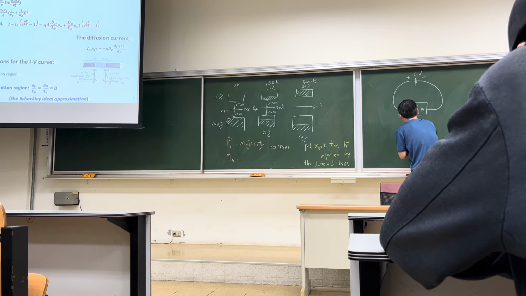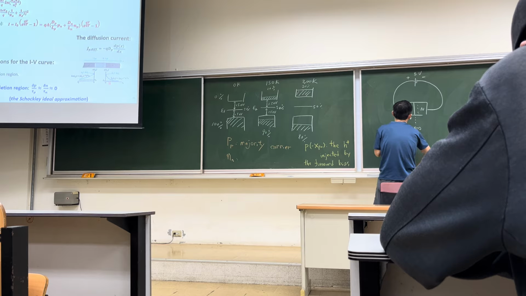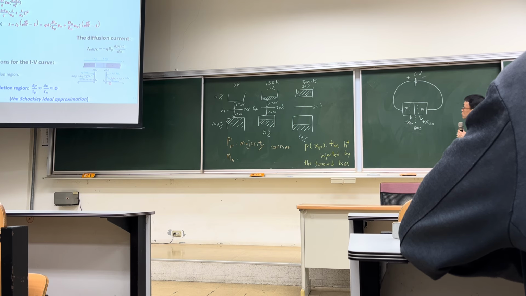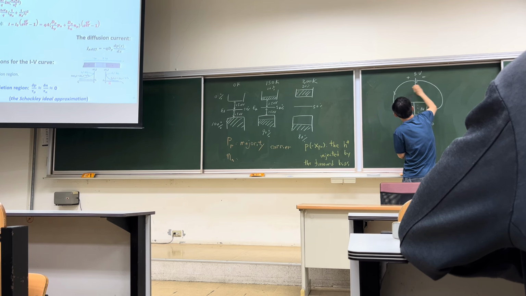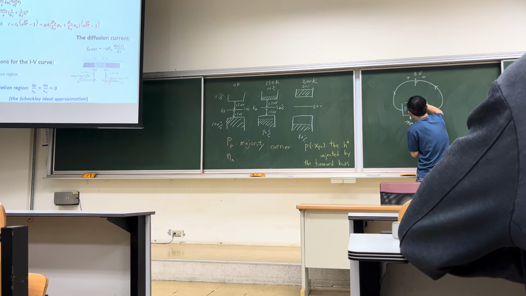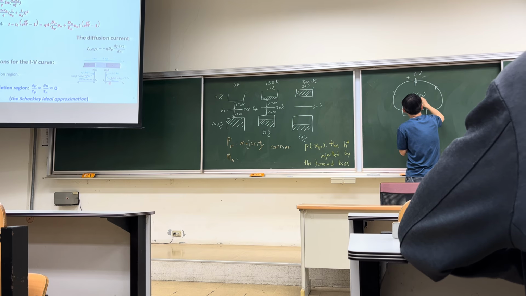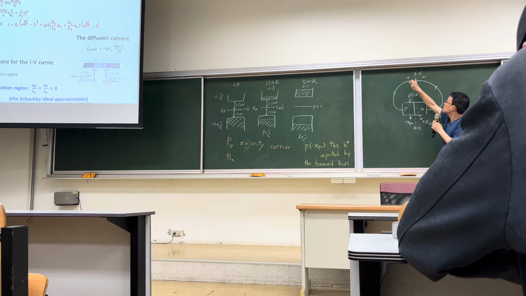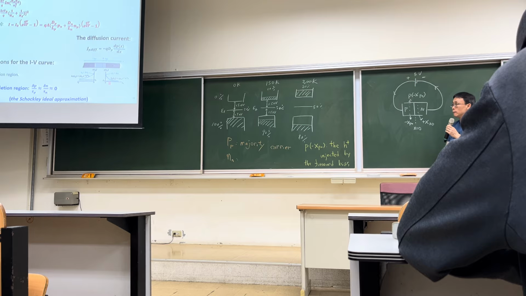This is x equal minus xp0. This is plus xn0. That's the interface between the depletion region and the P region, right? So this is the current flow direction, right? So here we have the P at minus xp0, right? That's the hole injected from the anode, the positive terminal of the battery, under the forward bias, right?